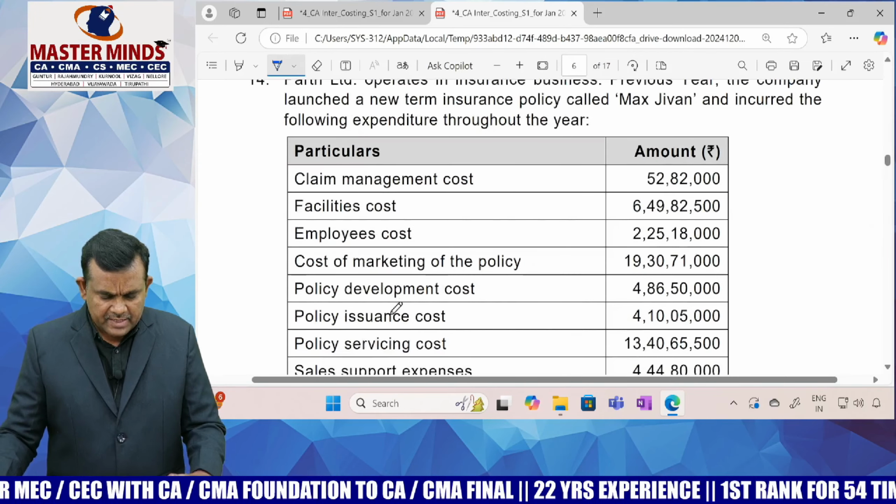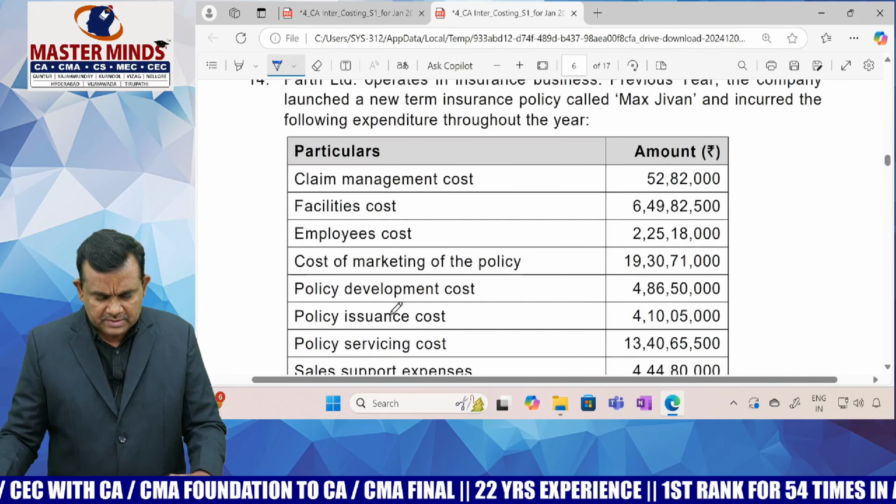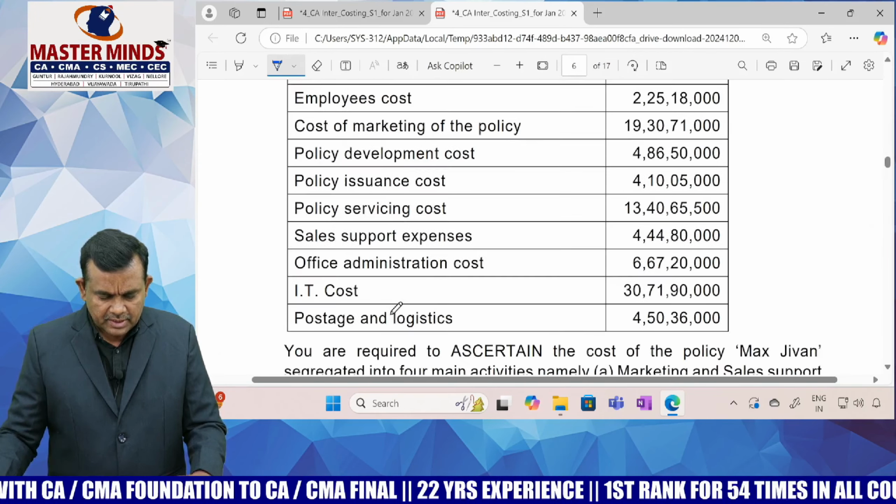So claim management cost, facilities cost, employees cost. So here please segregate the expenses, sir. What they are asking in this question: marketing and sales supporting cost, operation cost, IT cost, supportive functions cost.